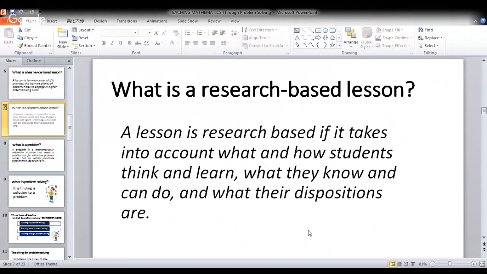It is a lesson that takes into account what and how students think and learn, what they know, what they do, and what their dispositions are. The purpose of this is so that we will know how to improve our teaching.